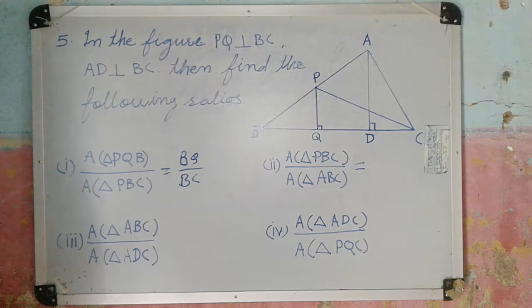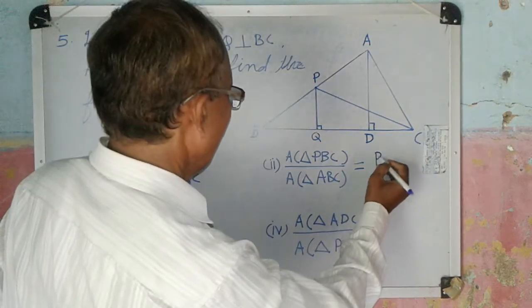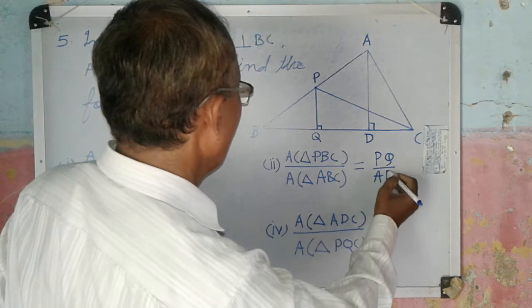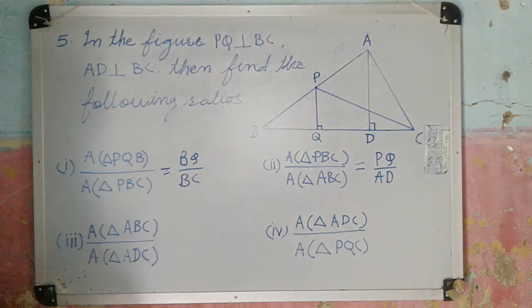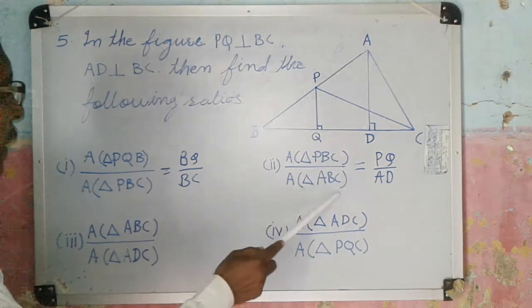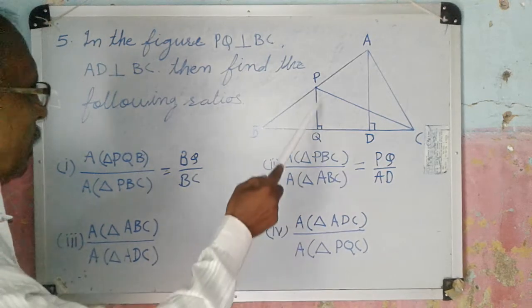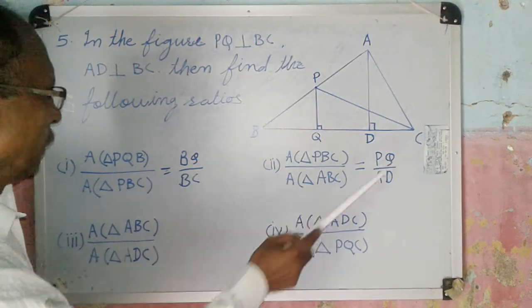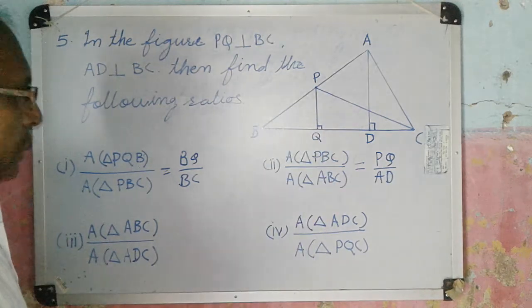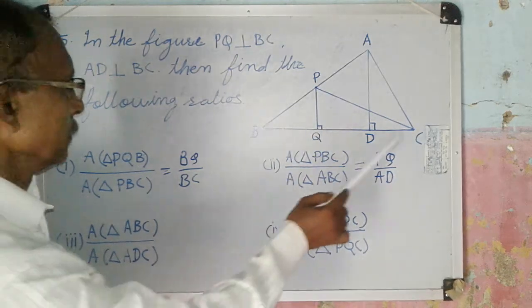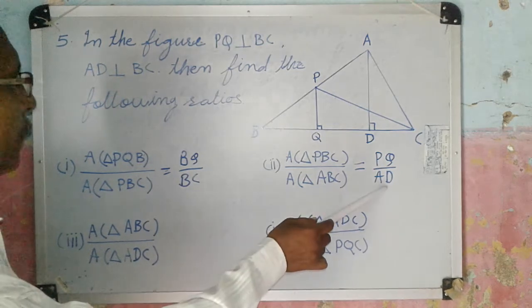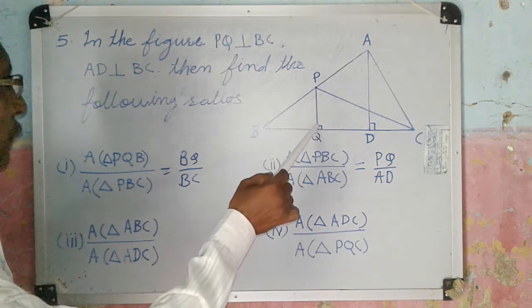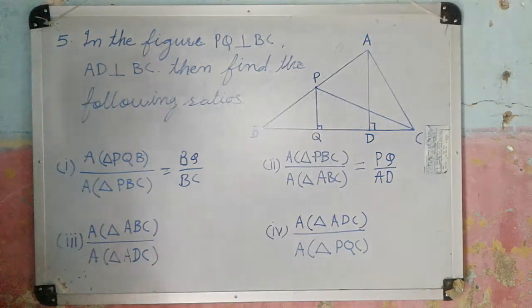That means the ratio will be equal to PQ upon AD.